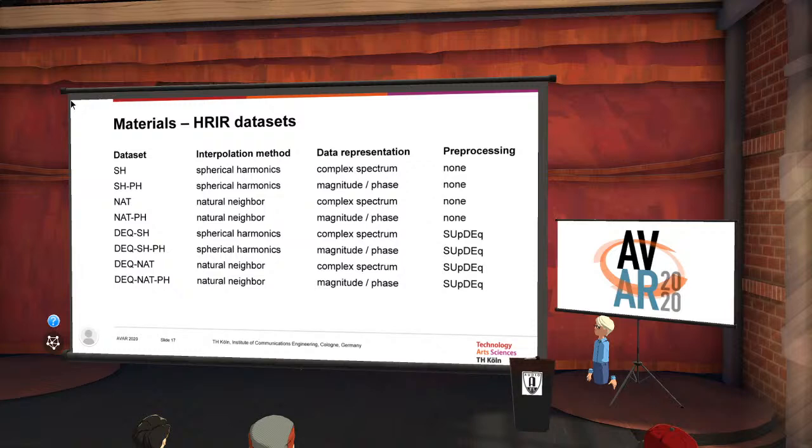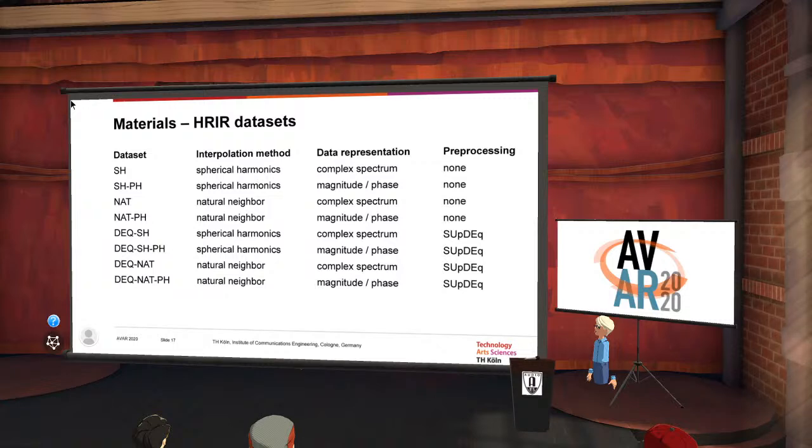We did exactly the same for the substitute preprocessed data sets, indicated by the abbreviation DEQ. So we have 8 different kinds of test data sets at 4 orders, and it would be great if you could remember these abbreviations for the next 10 minutes, because we show them on the next plots.